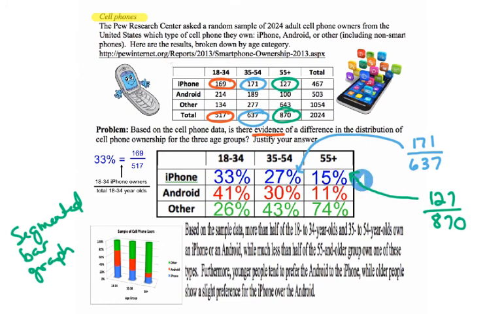So I would not be able to make a pie chart strictly for iPhones or Androids or other. In fact, other is over 100%. But because my age groups each add up to 100%, I could make a pie chart for this group, a second pie chart for this group, and a third pie chart for that group.